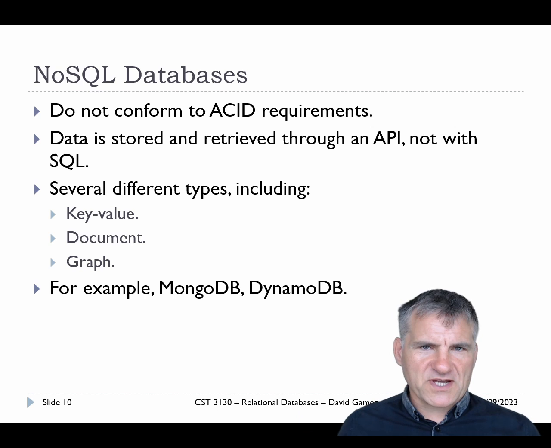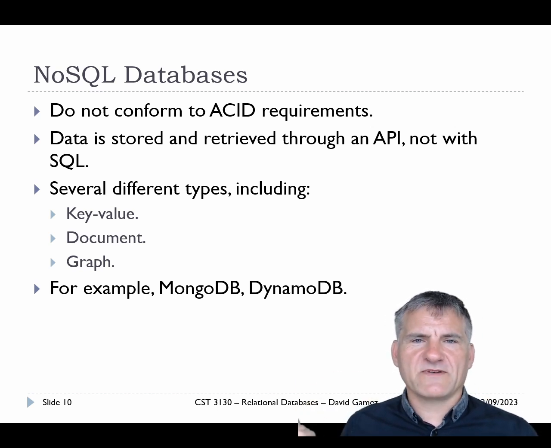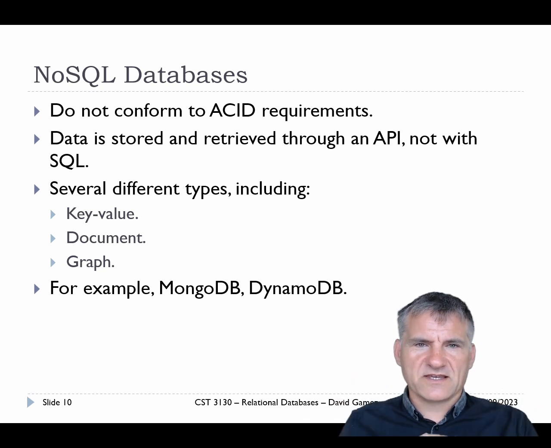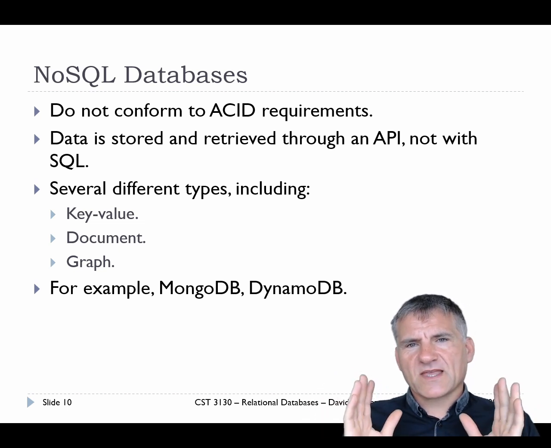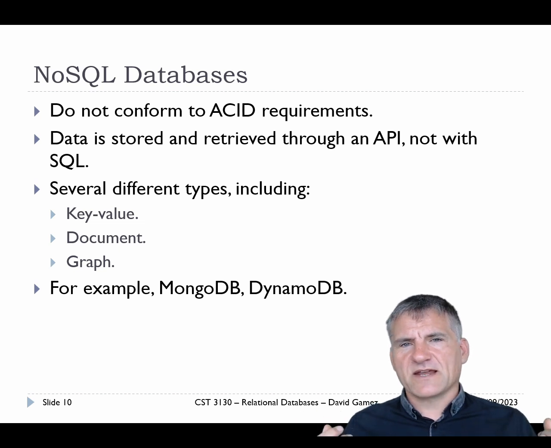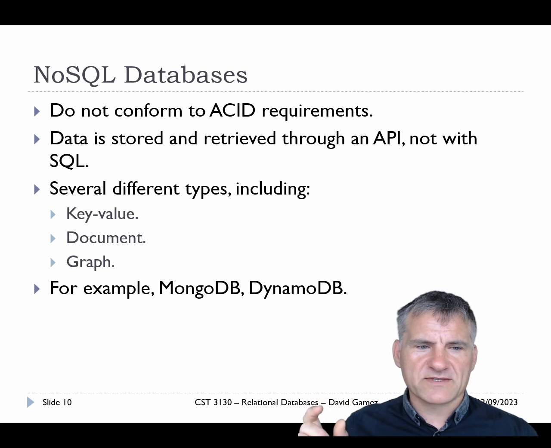Just to understand the contrast, in the last 10 years or so we had the development of NoSQL databases. These don't conform to that list of atomicity, consistency, durability, etc. And they don't use SQL, hence the name NoSQL databases. Normally you'd use a programming interface, like an API, to interact with a NoSQL database.